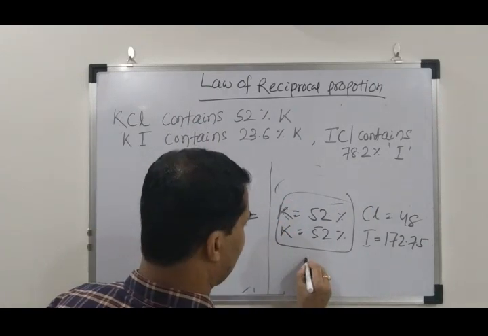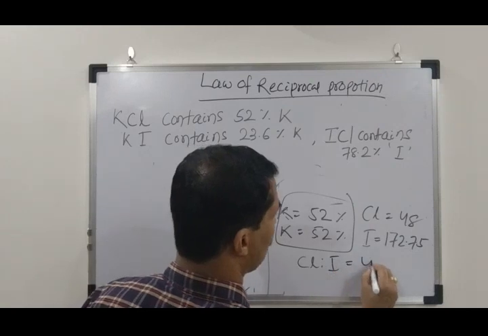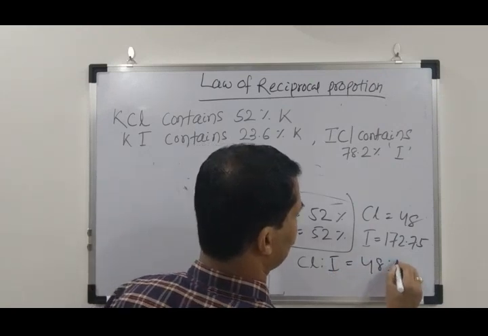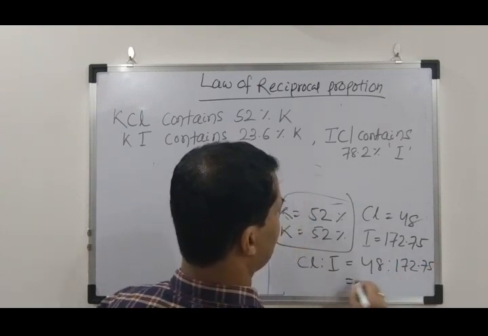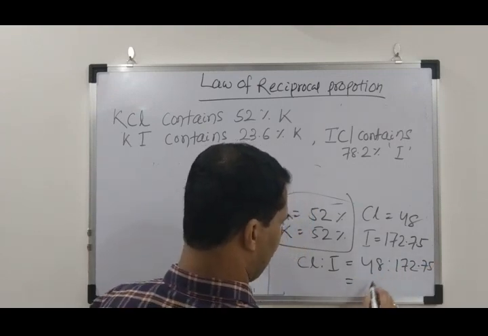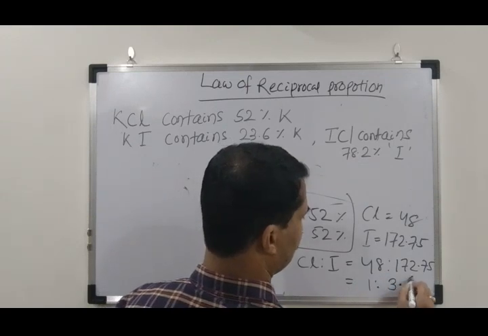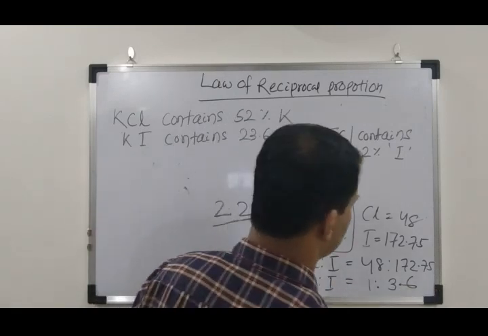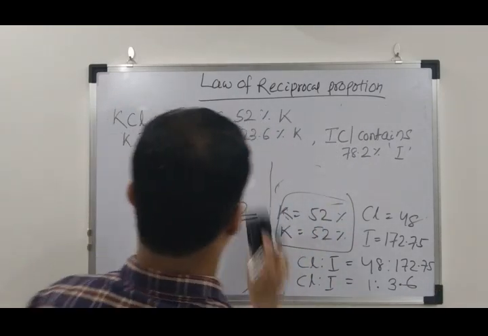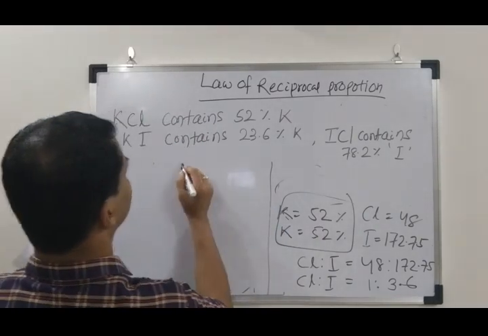So if I take a ratio of chlorine versus iodine here, how much will it come? 48 versus 172.75. If I simplify, I will get 1:3.6. So chlorine versus iodine is 1:3.6. Now the other data is given in ICl.